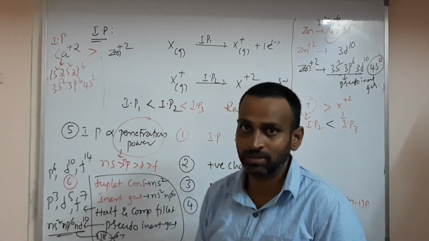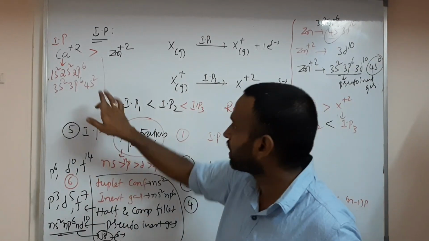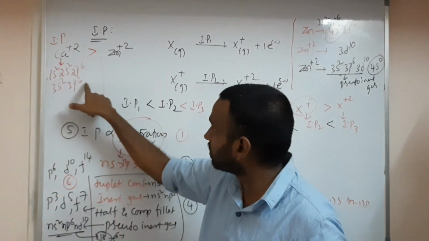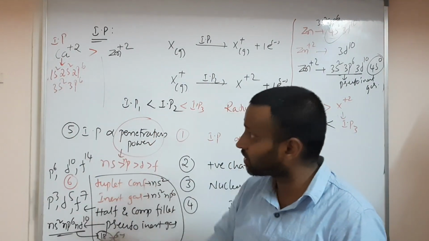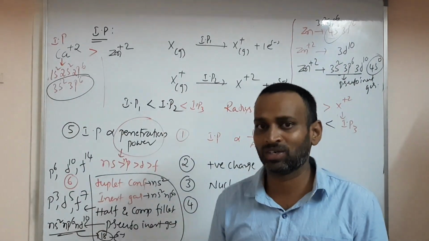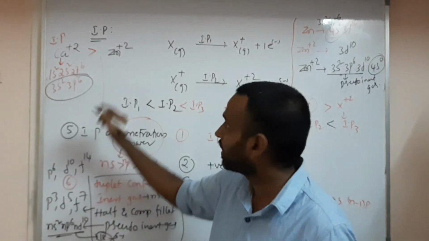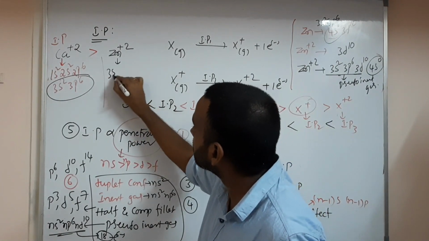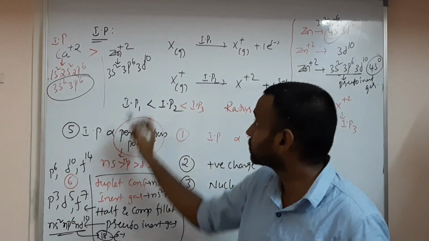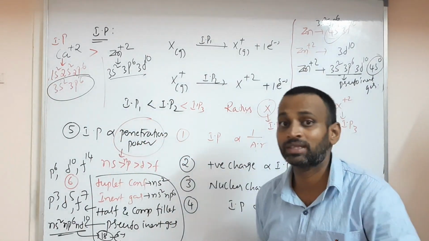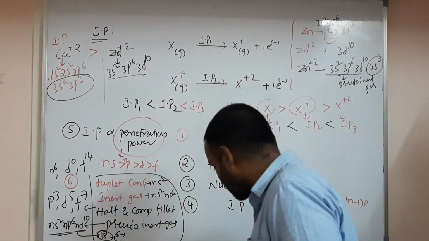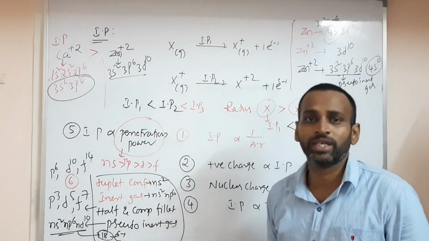You remove 2 electrons, giving 4s0, because the last electrons are removed. So it has octet configuration, and it is more stable. Zn2+ has 3s2, 3p6, 3d10, a pseudo inert gas configuration. So inert gas configuration is more stable than pseudo inert gas configuration.